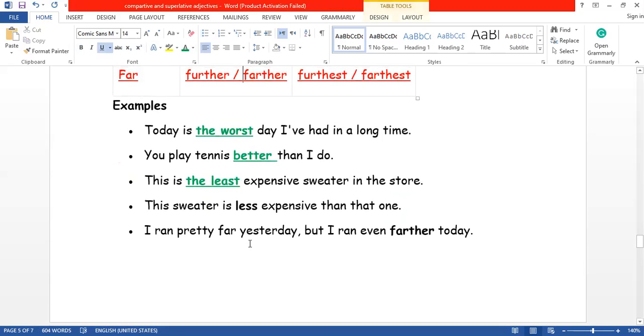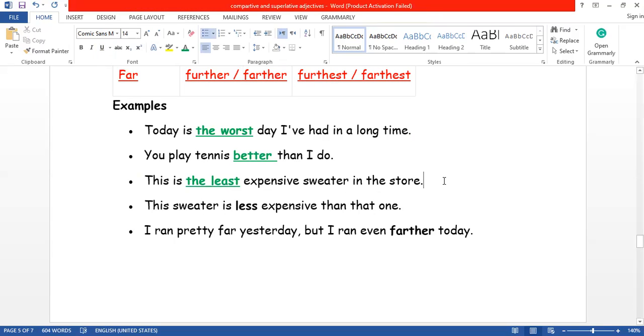And the next example, this sweater is less expensive than that one. So here we are comparing between two things. But in the previous example, we are comparing one against the group, the group of sweaters that are in the store, okay?